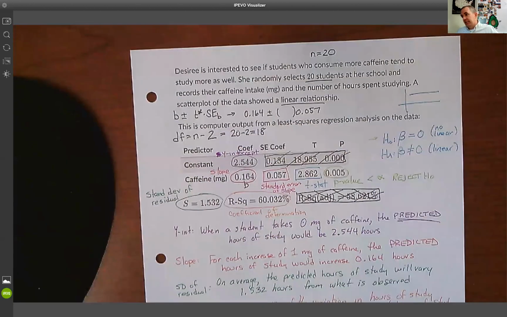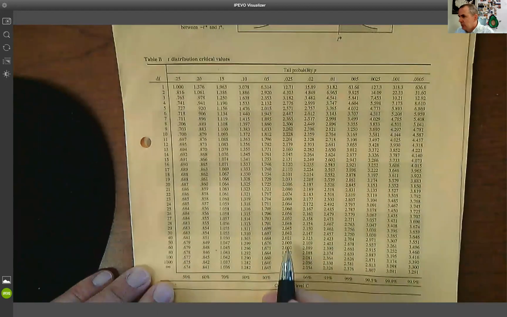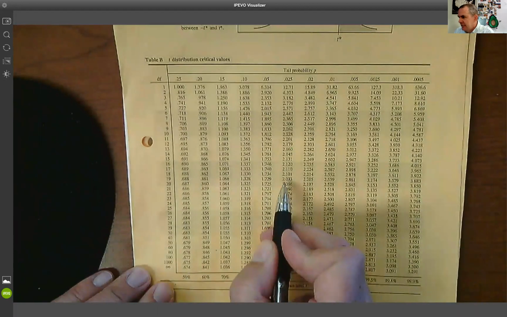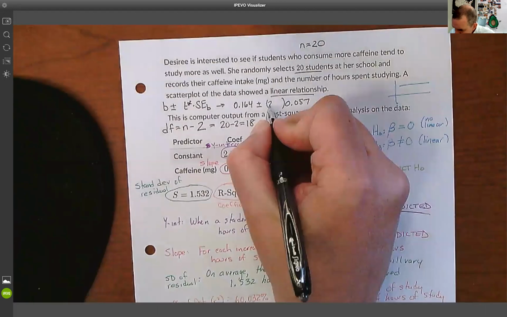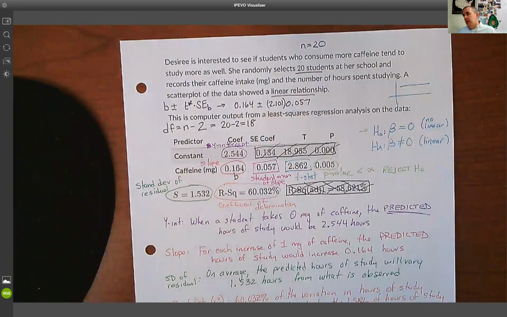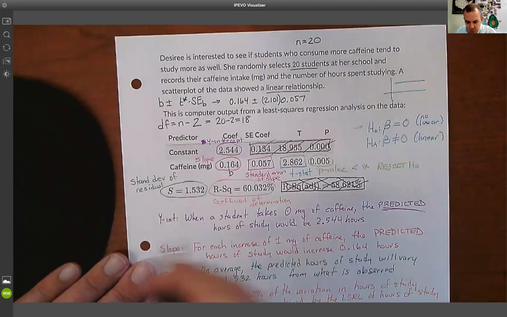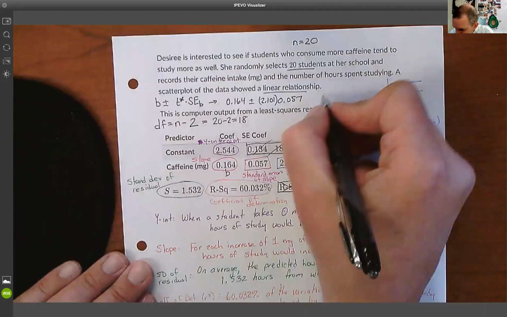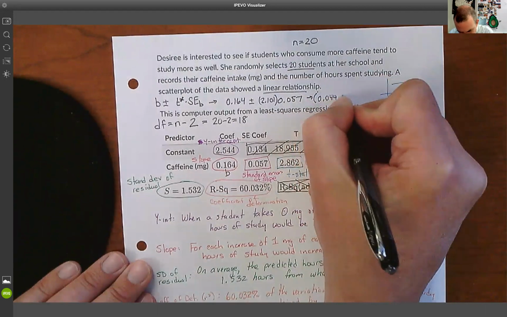So now to get that t star, go back to this table, 95%, drag our finger up till we get to 18, 2.101. There's our t star. There is our formula. And if we expanded this out, we'd have to do it by hand. This is what you're going to get, 0.044, comma 0.284.